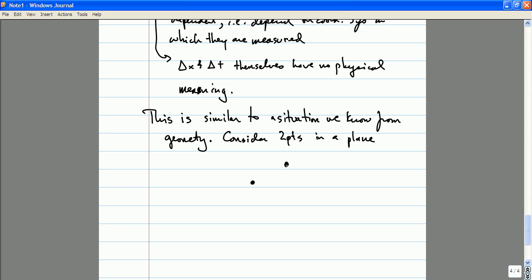And if I wanted to, I could describe the positions of these points with respect to some coordinate axes, x and y. And I could measure, for example, delta x, the x separation between those points, and I could measure delta y, the y separation between those 2 points.